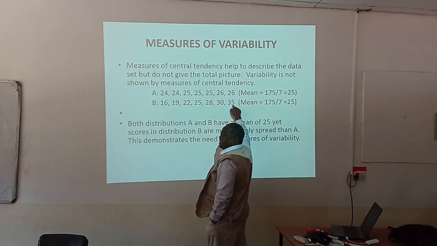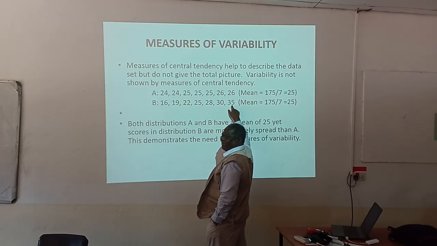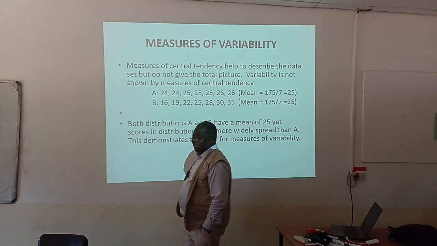Here the difference is 19. It means that there is more variability in this distribution because the range is larger.